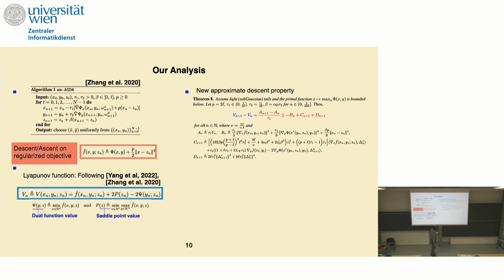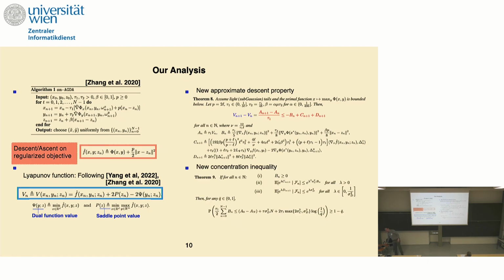Essentially, it turns out that we have a new approximate descent property. If you choose the parameters in a particular way, you can have a Lyapunov descent which looks like the previous inequality I presented. Remember, there's some descent, and then there are the error terms that I had. Things look more complicated, but it's the same idea.